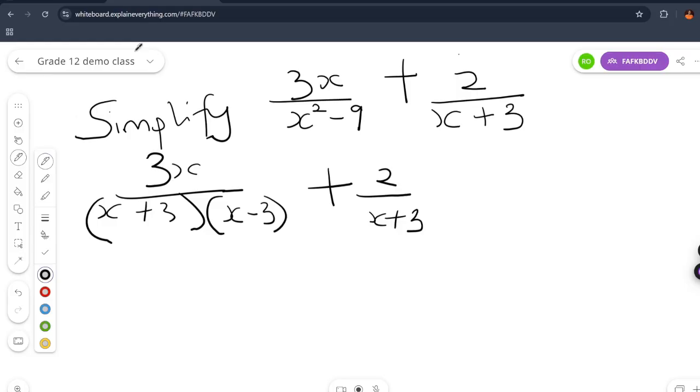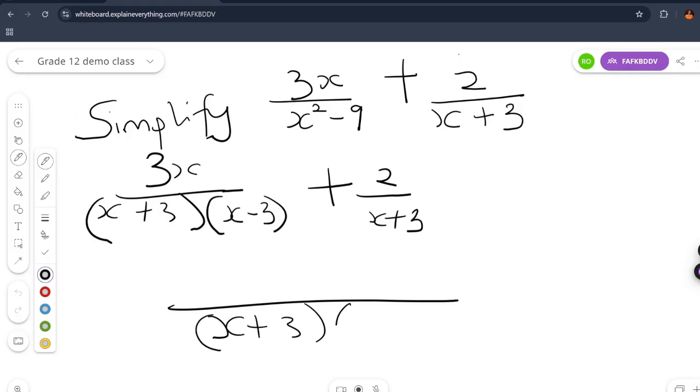Now we take the LCM of both sides. You will see that x plus 3 is also in the left hand side. So we can take the LCM. So the LCM here will now be (x plus 3)(x minus 3).